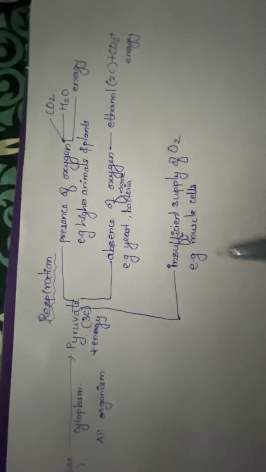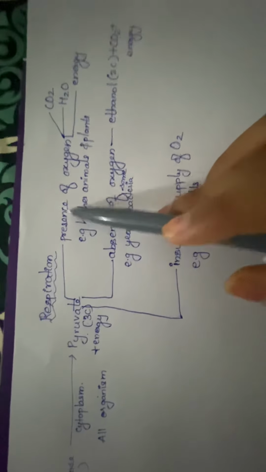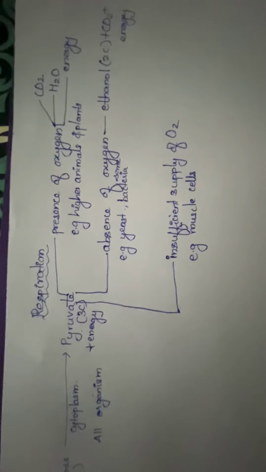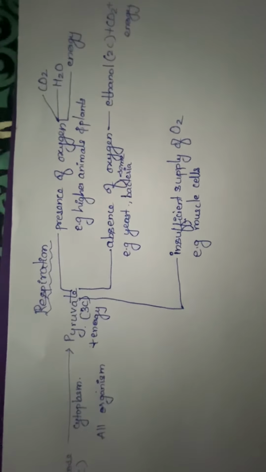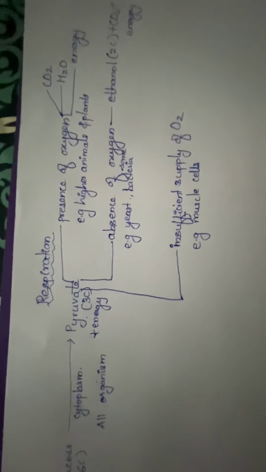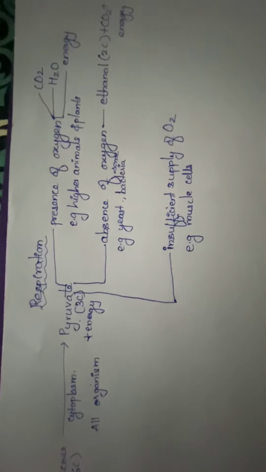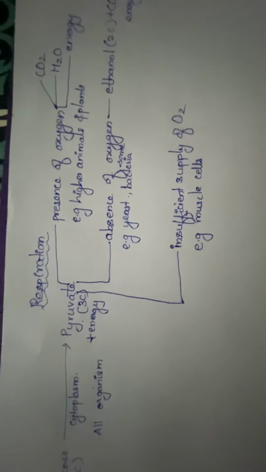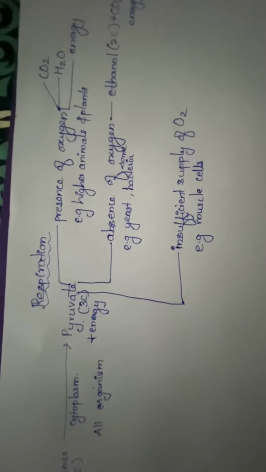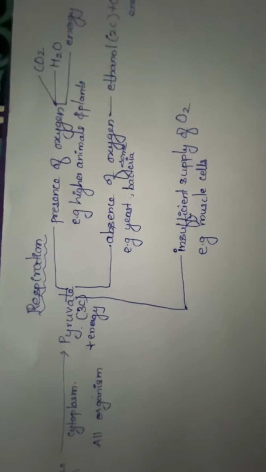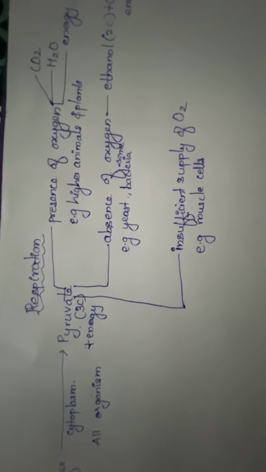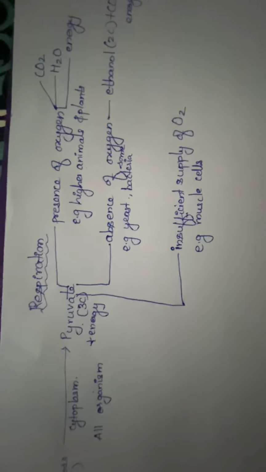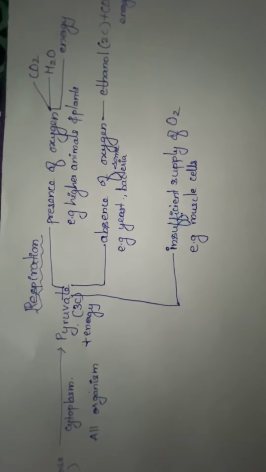Okay. What happens in insufficient supply of oxygen? As I said, it occurs in organisms where oxygen is present, but they do not get a sufficient supply. Now think, when may such a condition arise? For example, when we are doing heavy muscular activity like jogging, running, or other physical exercise, we may not get proper oxygen, and then we start breathing fast.